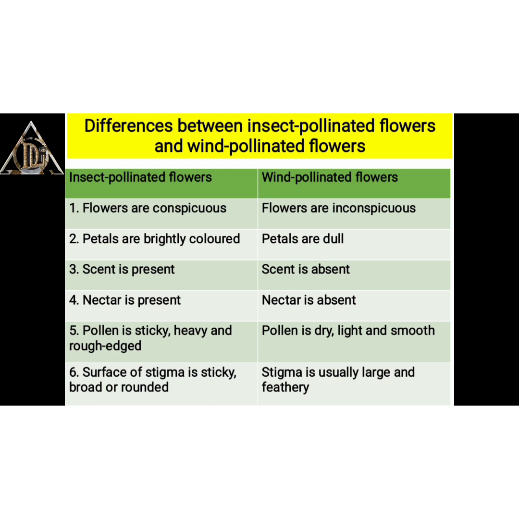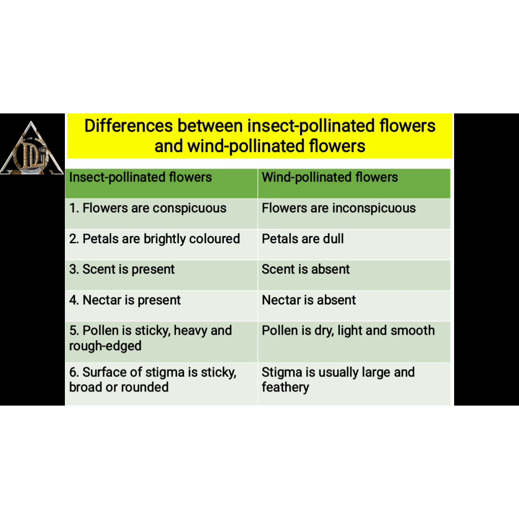Number 3, scent is usually produced in insect-pollinated flowers, while for wind-pollinated flowers, scent is absent. Number 4, nectar is present in insect-pollinated flowers.